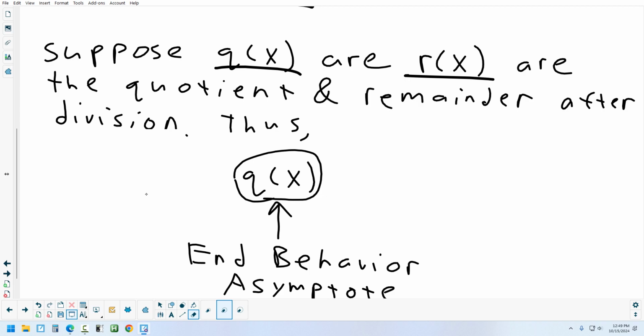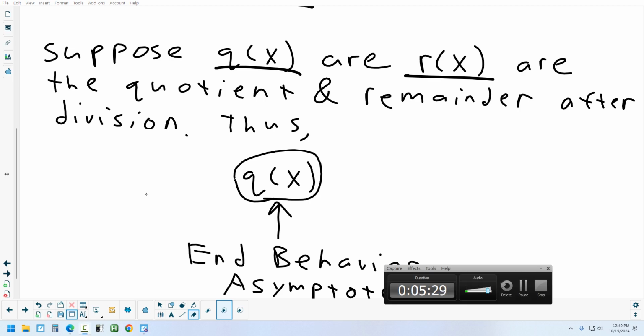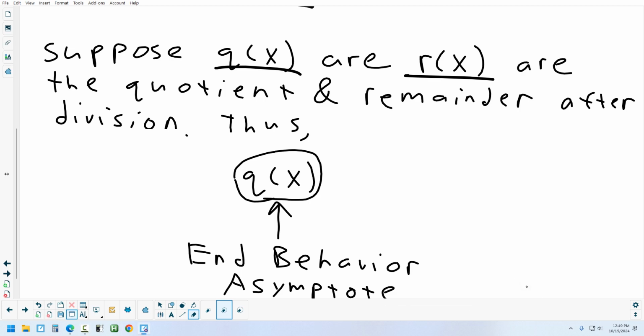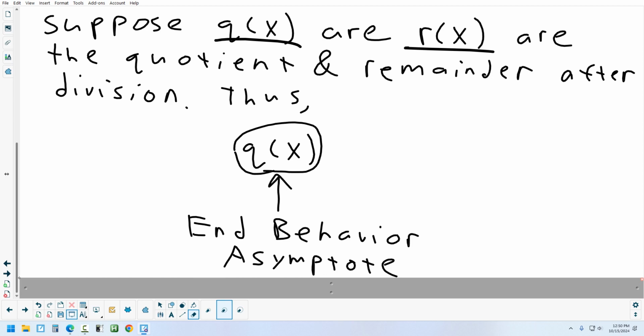But the quotient is the EBA. So there will be some problems on the test where it says find the EBA. And that just means to do the long division and write the quotient. Okay, so quotient, another name is the end behavior asymptote.